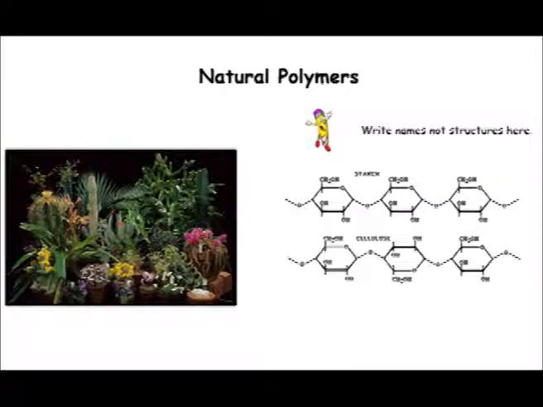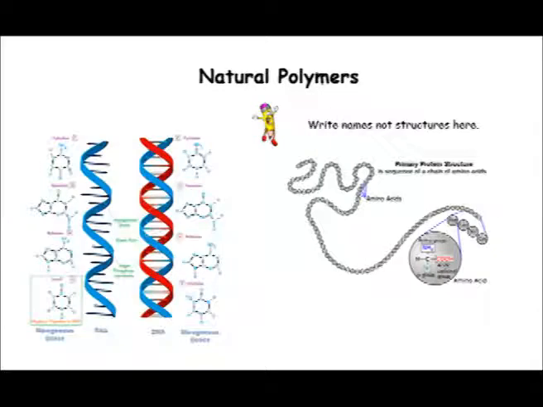Some natural polymers are found in plants. Starch and cellulose are 2 big popular ones. Again, don't draw the structures for these guys. They're very complicated. Natural polymers also include things like DNA, RNA, proteins, all of which are made from repeating chains of nucleic acids or amino acids, stuff like that, which we'll go into in more detail in our next video.